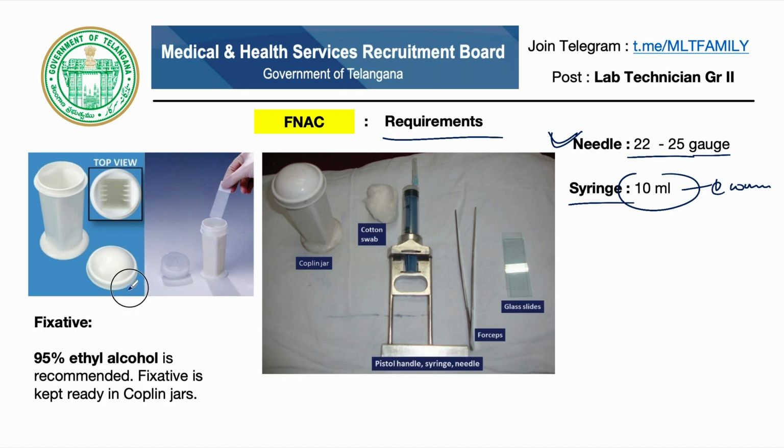There is a Coplin jar with 95% ethyl alcohol fixative, which is recommended. This is the 10 ml syringe, this is the piston to pull the syringe, and the needle is also here, along with forceps and glass slides. These are the things we basically need in case of FNAC.